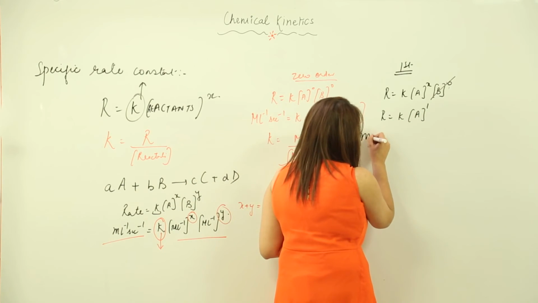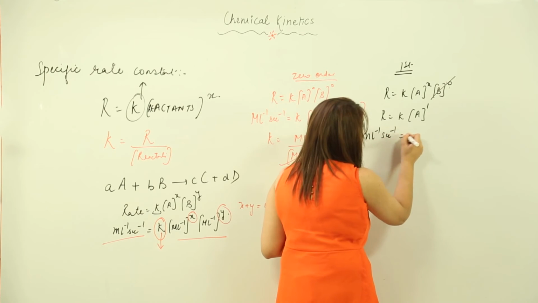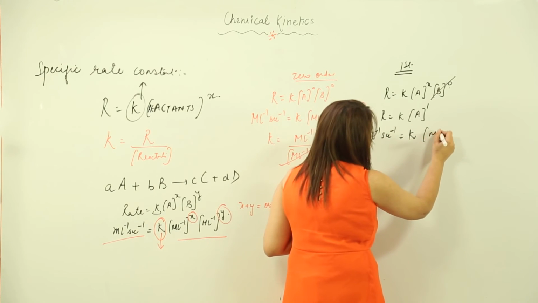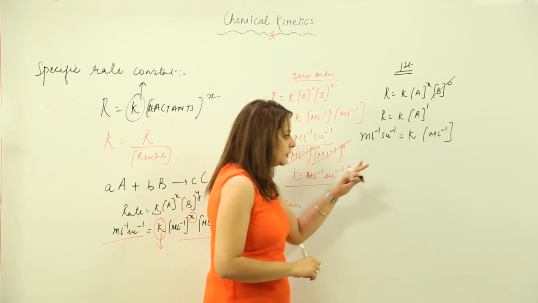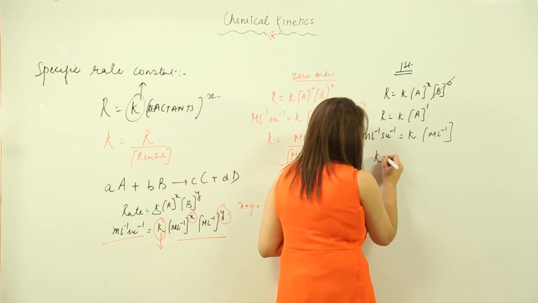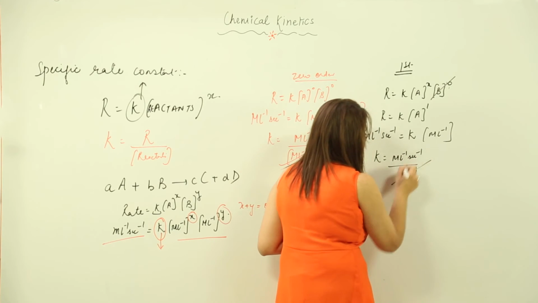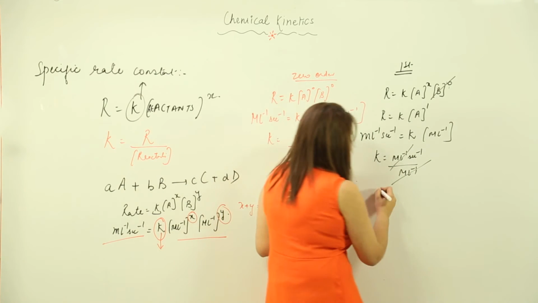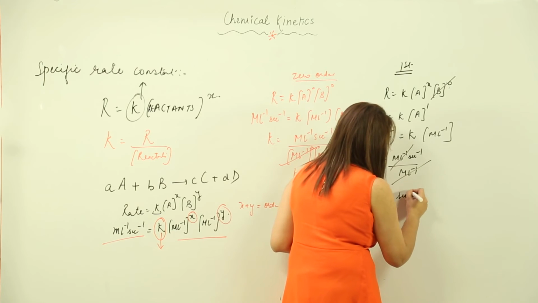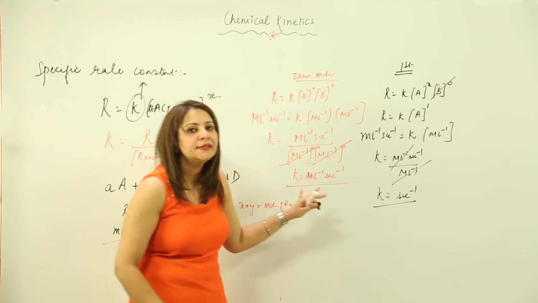Now I write the units involved: moles per liter per second, K we have to find, and this is moles per liter. Shuffling them, it becomes moles per liter per second divided by moles per liter. Moles per liter cancel out. So for a first order reaction, the unit is going to be per second.